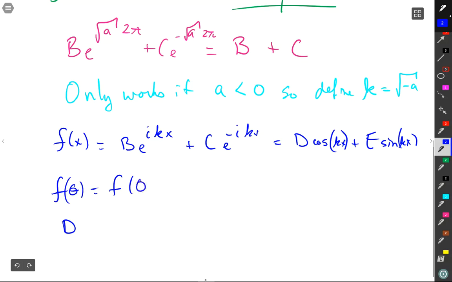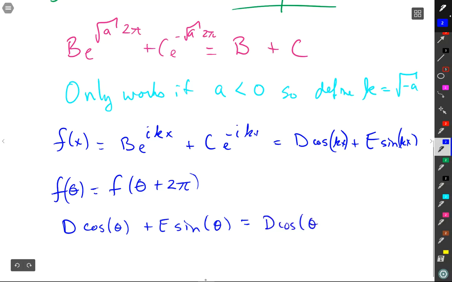That's more general, and that's what the problem actually says. 0 and 2 pi was a specific case, but this is the general case. So I have d cosine of theta plus e sine of theta is equal to d cosine of theta plus 2 pi plus e sine of theta plus 2 pi.